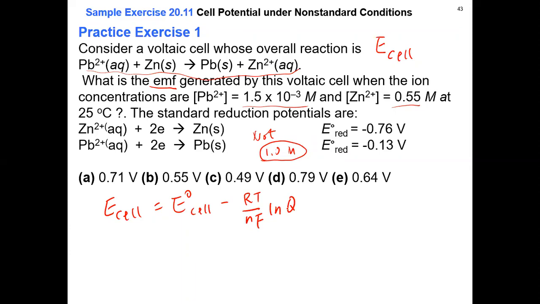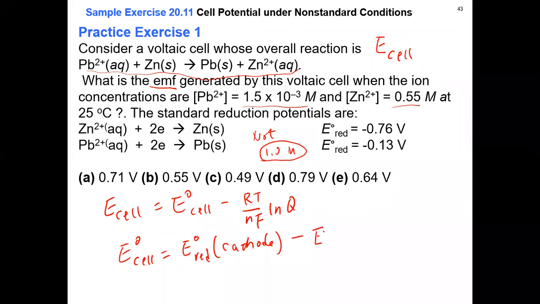All right, just a few things before we get the result. You first want to calculate the standard E cell. E cell standard equals the standard reduction potential of the cathode, which is where the reduction reaction happens, minus the standard reduction potential of the anode, where oxidation happens.